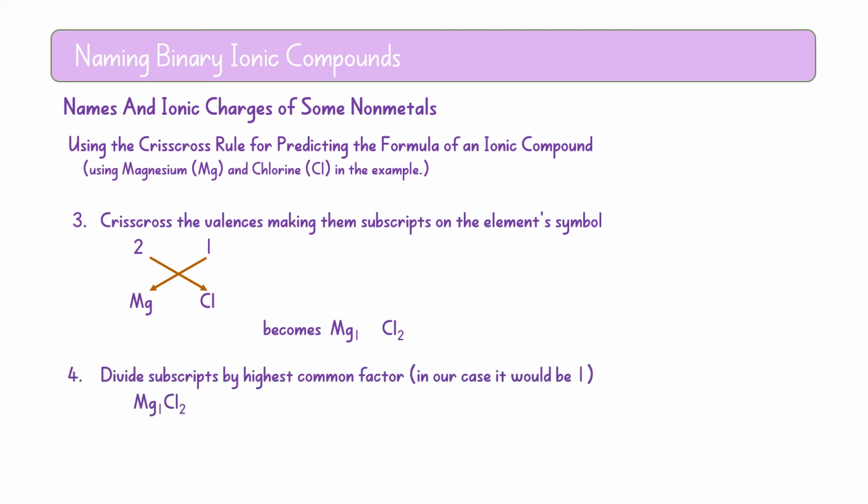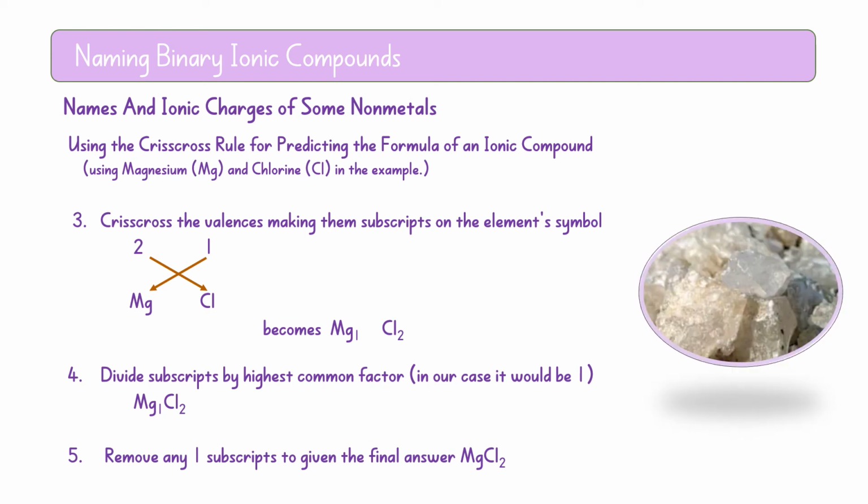Now, divide the subscripts by the highest common factor. In this example, of course, it's 1, but we remove any 1 subscripts, so our final answer is magnesium chloride, MgCl2.